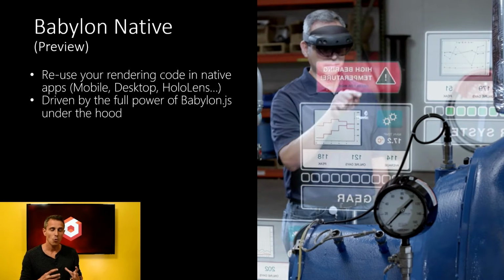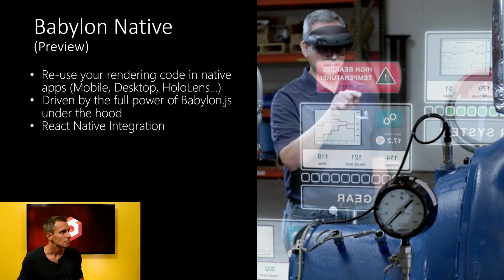It contains the full Babylon engine, so as we keep enhancing the engine and adding new capabilities, those will work also in the native applications. Recently, the team has been adding a React Native integration to Babylon Native, so even if you can choose your UI technology in Babylon Native, it can just be whatever technology you have on a specific platform.